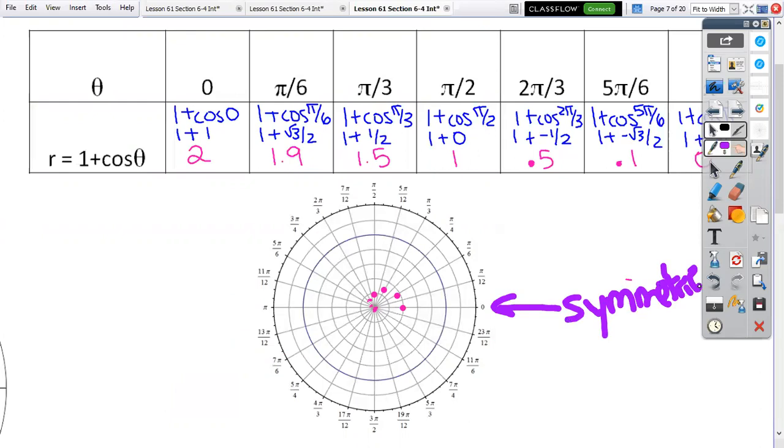So 0 stays, it's on the axis. Pi over 6 flips down to 11 pi over 6. We can put a point there. Pi over 3 flips down to 5 pi over 3. Pi over 2 flips down to 3 pi over 2. 2 pi over 3 flips down to 4 pi over 3.